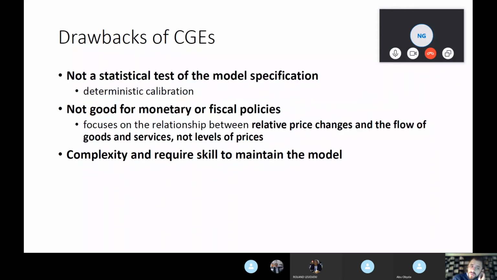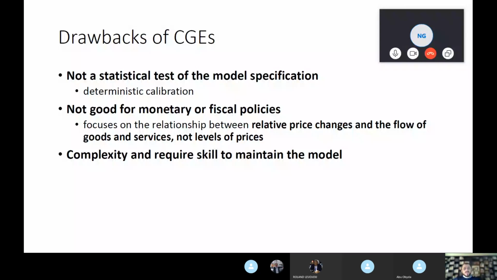Then for CGE models also, as I said, we cannot use them for monetary policies, especially. I mean, for fiscal policies, they can be used if it's a real shock like subsidies or taxes, but for monetary policy, we cannot, because they are real models.